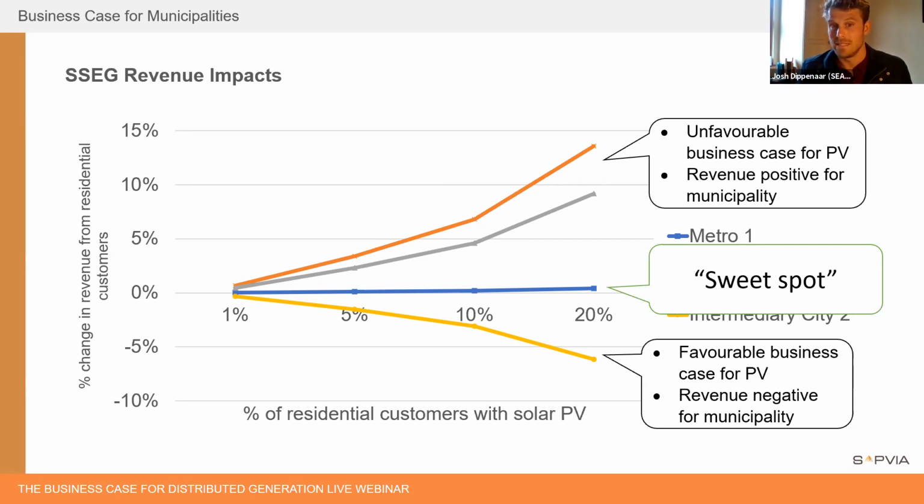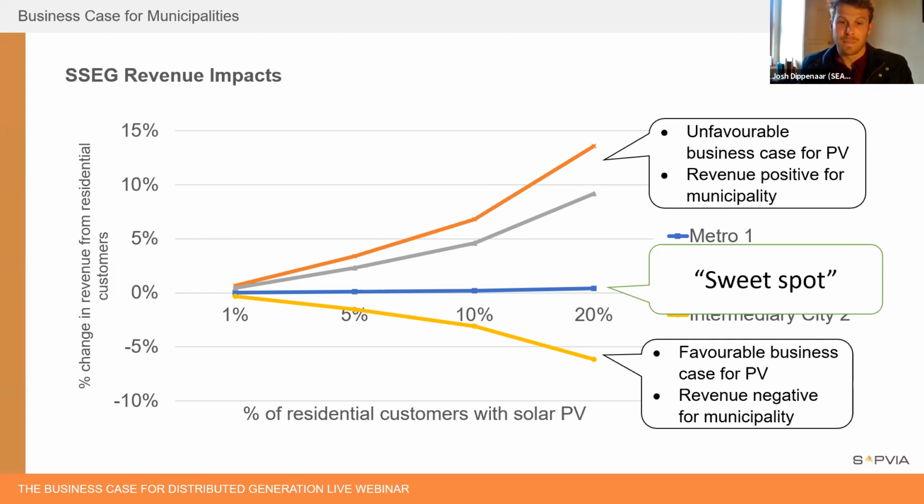Some municipalities are very resistive to solar. They say, no, we want high basic charges. We don't want to compensate them anything for feeding into the grid. Then that's the upwards line, revenue positive, but a bad business case for solar. And that's really not good for the solar industry.